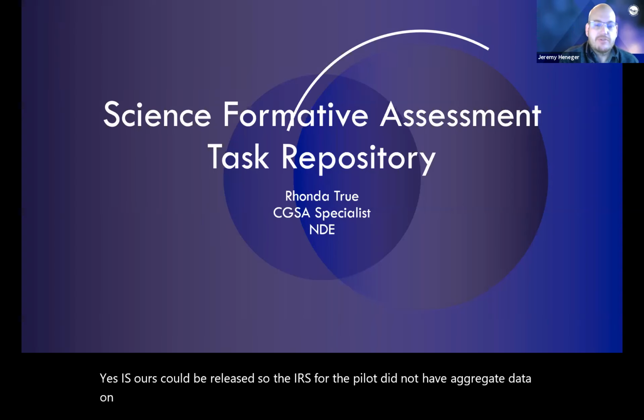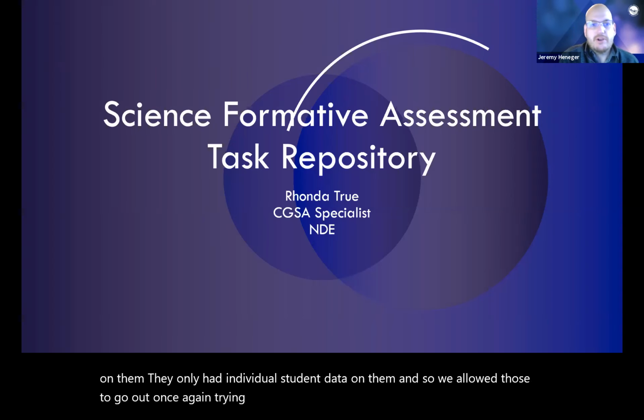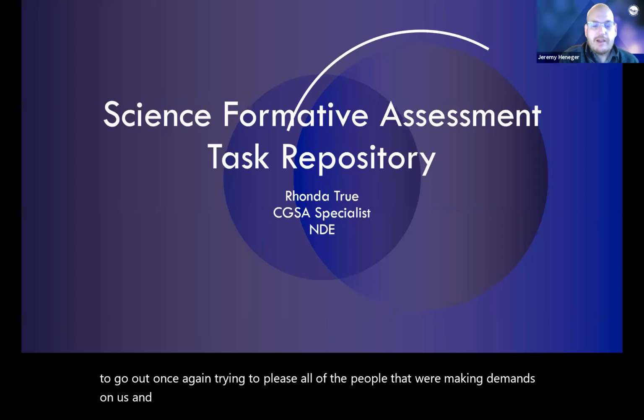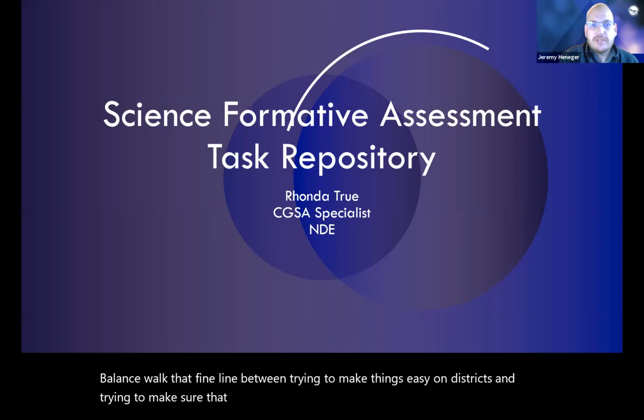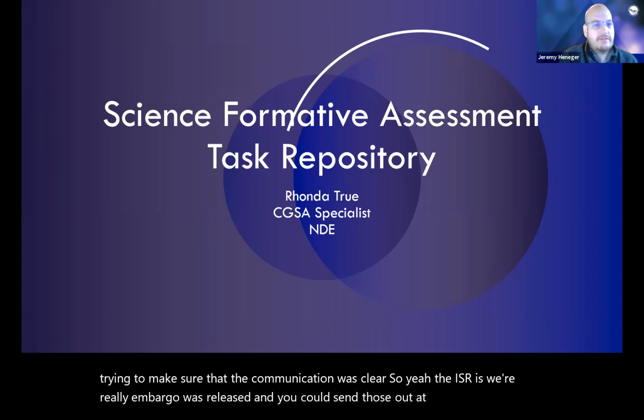They only had individual student data on them, and so we allowed those to go out. Once again, we're trying to please all of the people that were making demands on us and walk that fine line between trying to make things easy on districts and trying to make sure that the communication was clear. So the ISR embargo was released and you could send those out at any time. If you sent those out, perfectly fine.